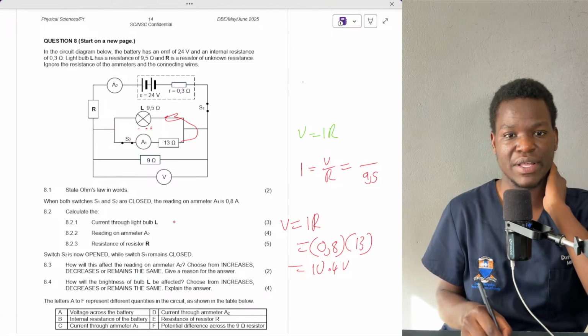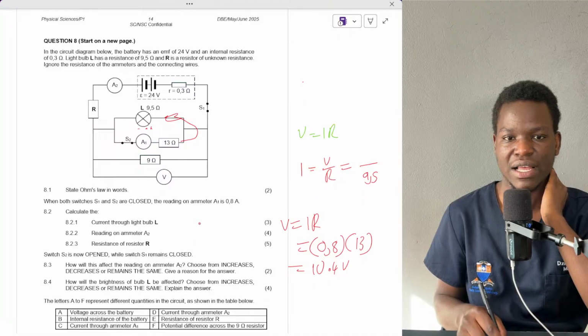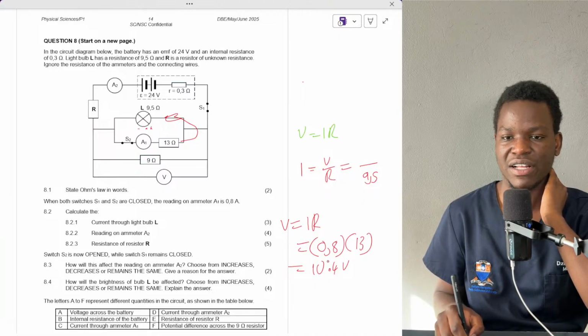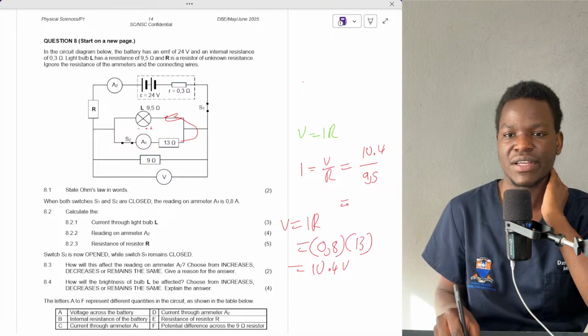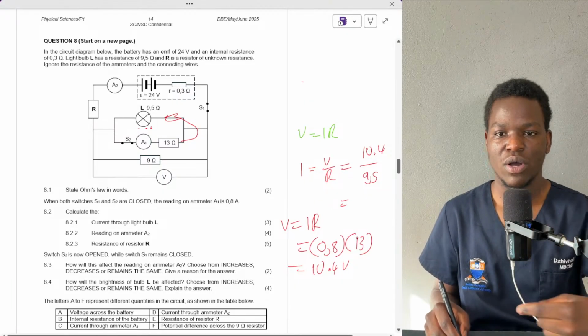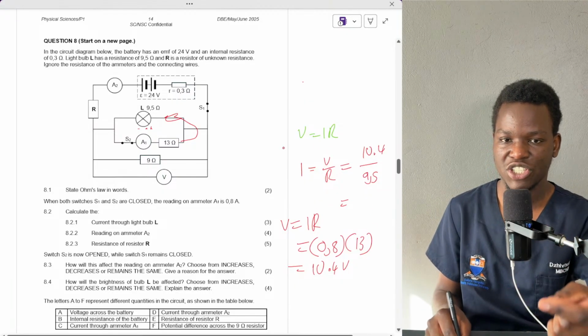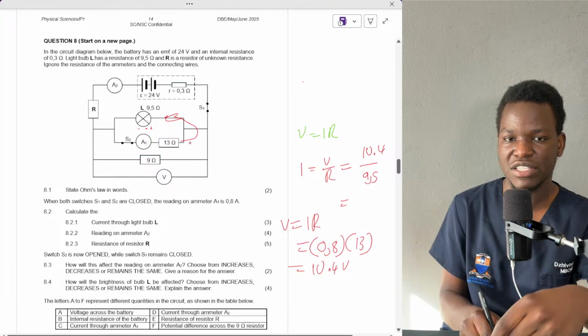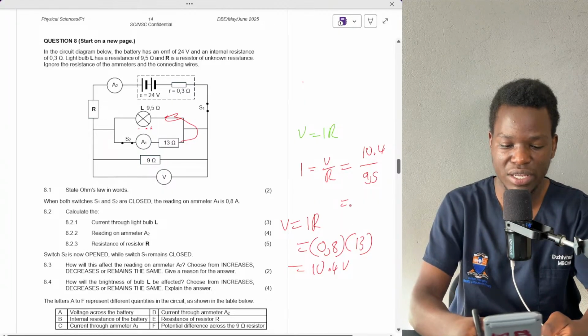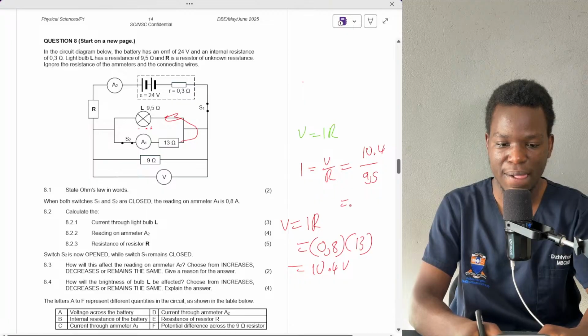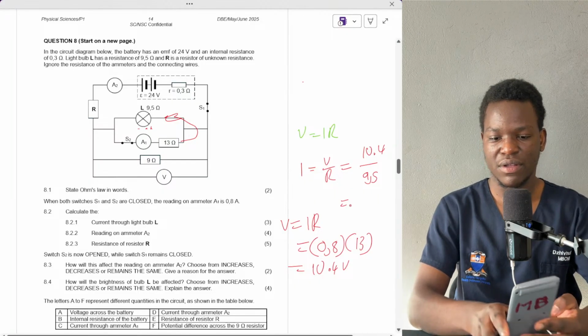So now let's just write. Is it our final answer? It's not our final answer. I had lost my train of thought. So our idea was to find the voltage across this, and it will be the same because voltage in parallel is the same. And then we just divide: 10.4 divided by 9.5.